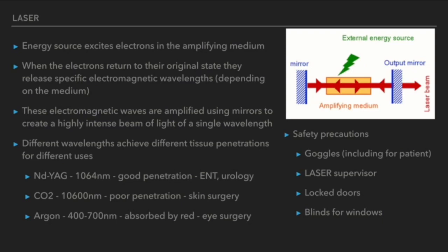This is the NdYAG, and that's the one that is most often used for ENT and urology, because the wavelength of light that it gives off is 1064 nanometers, which gives good penetration into the tissues. I think it's in the region of 5 to 10 millimeters. And because of the wavelength, it can effectively vaporize and shatter the stones which affect urology.